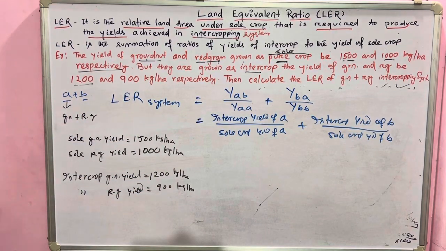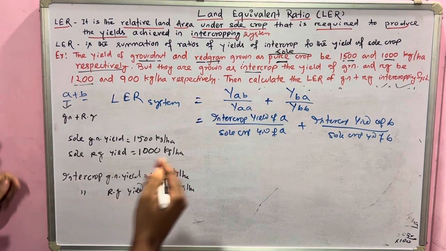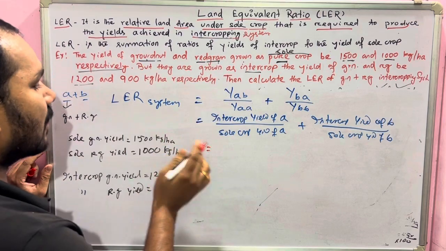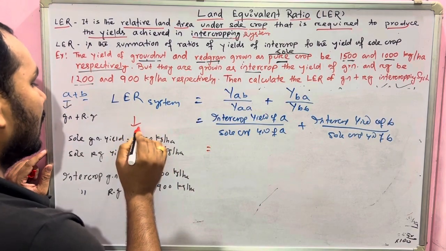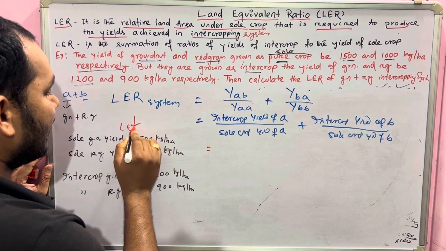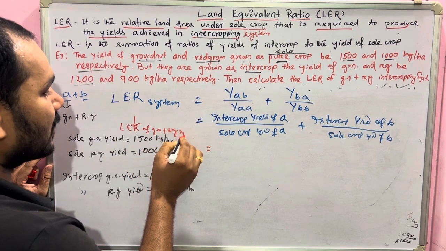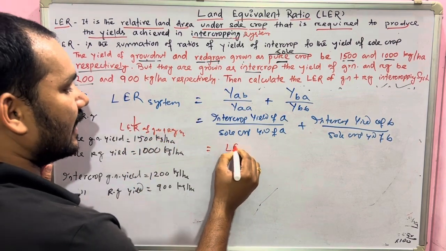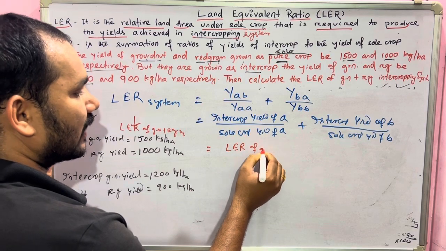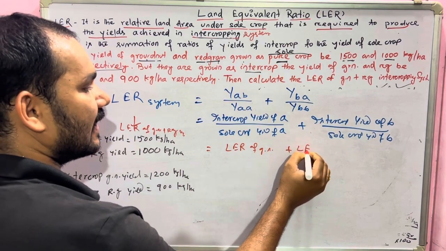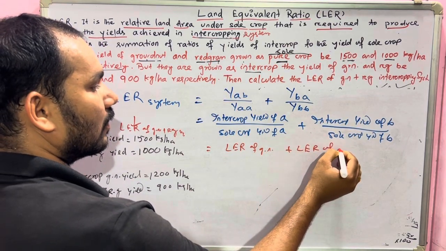So according to the question, what is the LER of the system? LER of the groundnut plus red gram system is equal to LER of groundnut plus LER of red gram.